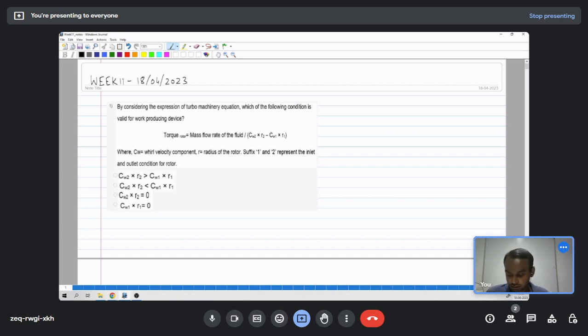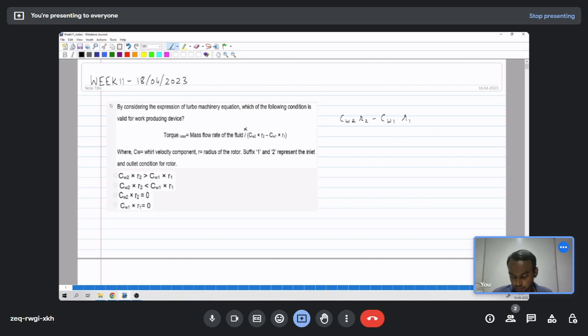The first question is, by considering the expression of the turbomachinery equation, which of the following conditions is valid for a work producing device? The torque of the rotor is equal to the mass flow rate into (CW2 R2 minus CW1 R1).